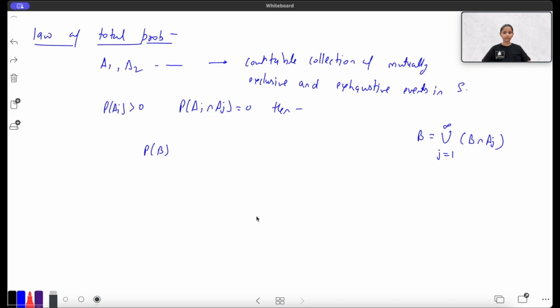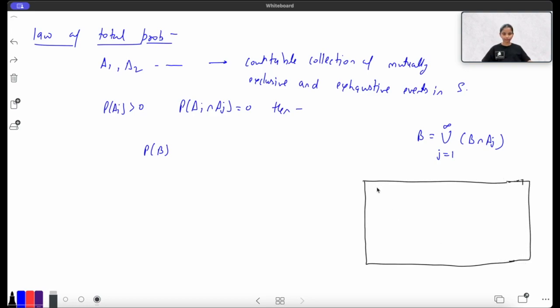If I draw a graph corresponding to it, then it will be like this. My drawing is quite bad, so spare me for that. Okay, so let's say this is A1, A2, going on till, like, other events A3 and other events.